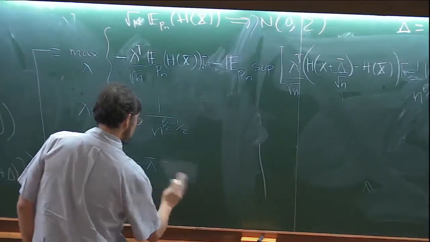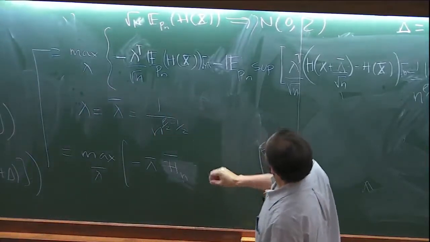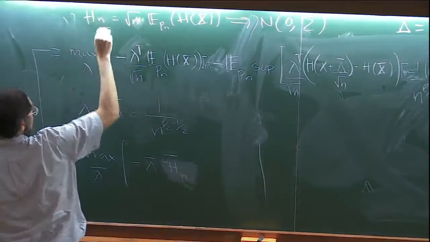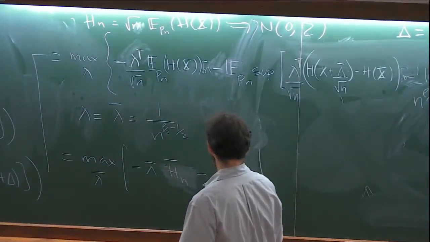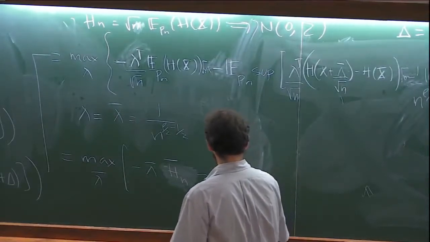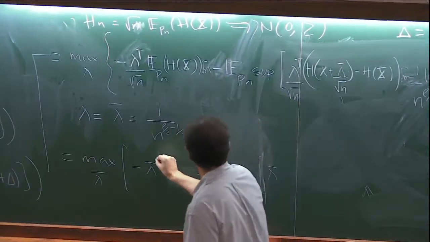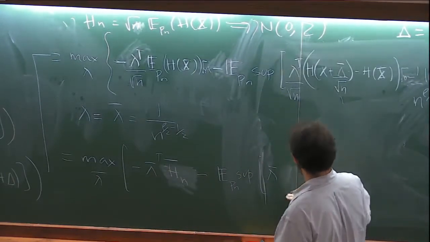I'm going to actually use h bar n here. So this is h bar n. And this is minus expected value under Pn and sup of lambda bar and this part here.